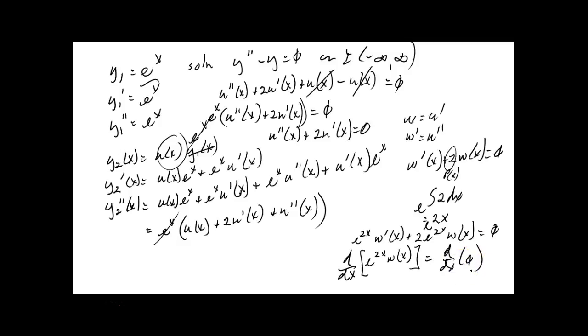Okay, now, let's make sure that's right. You take the derivative of this, product rule, e to the 2x times w prime, right, plus 2e to the 2x times w, right, okay? Well, if that's equal to 0, that means the thing that's in here must be a constant, right?